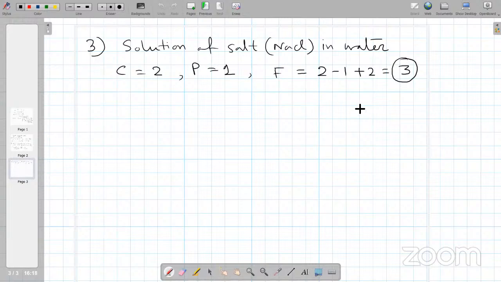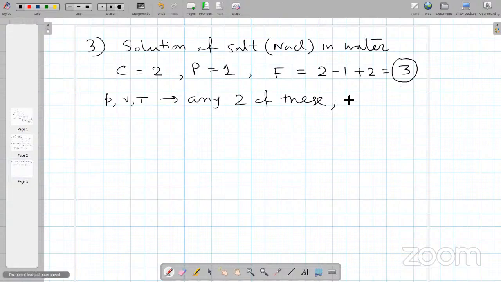Why? Because just think of it. If we want to define a thermodynamic state of a salt solution, how many parameters do we need? We need any two of pressure, volume, and temperature. And we need the concentration, either per gram or per mole, whatever, but we need concentration nonetheless.